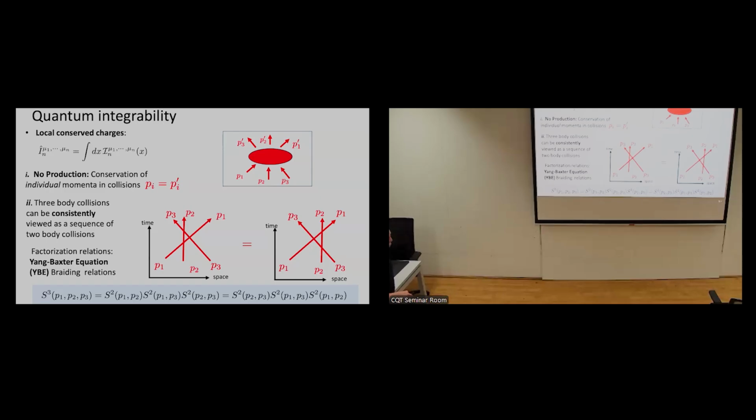So you see, you have the S scattering of P2, P3, then scattering of P1, P3, and then scattering of P1, P2 to be equal to scatterings in different orders. Namely, the S matrices have to satisfy this non-trivial braiding relation. Braiding because you can think about it as braiding of wires in different orderings. So what I want to do first is to prove that indeed the conservation laws imply these two results, the no production and the factorization.